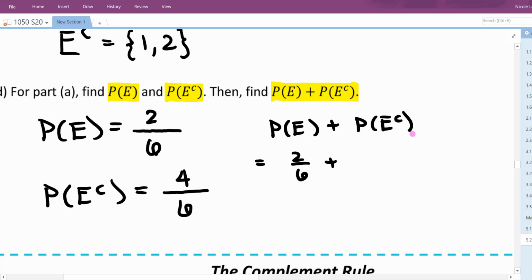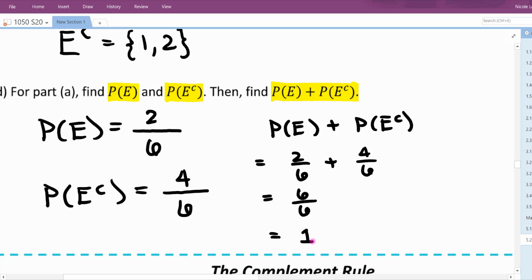Plus, now we want to add the probability of the complement, which we found right here: 4 over 6. Just doing a little bit of arithmetic, these two fractions have the same denominator, so we can just add the numerators together. 2 plus 4 gives me 6, and the denominator stays the same. And 6 over 6 is just equal to 1.